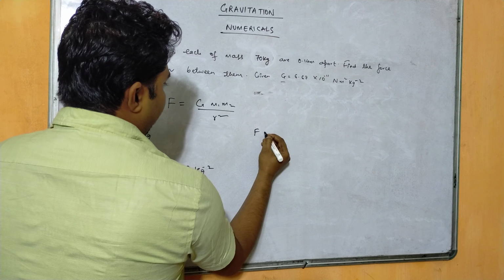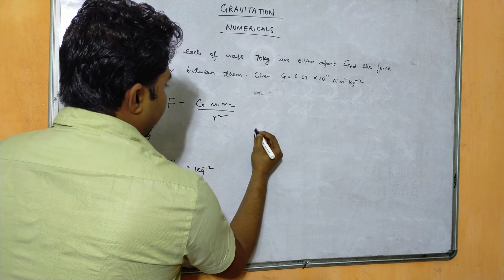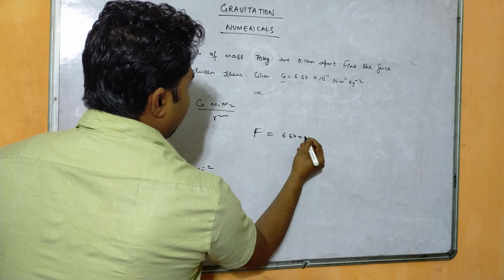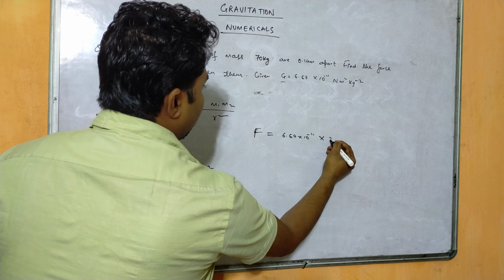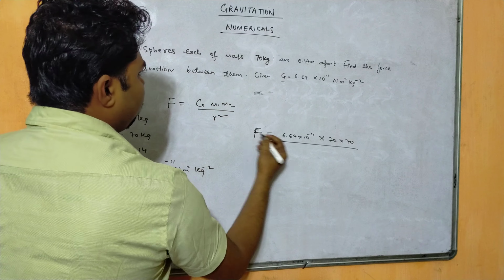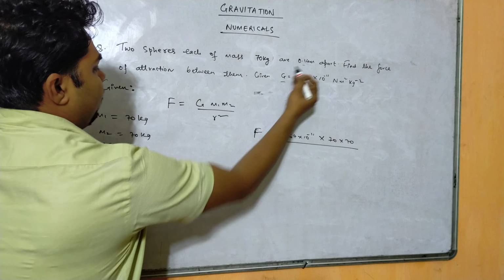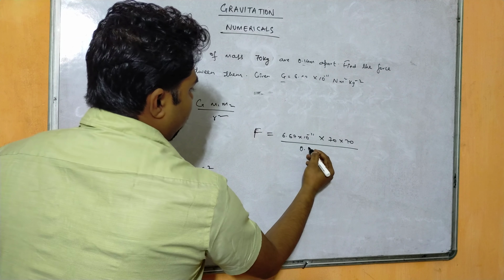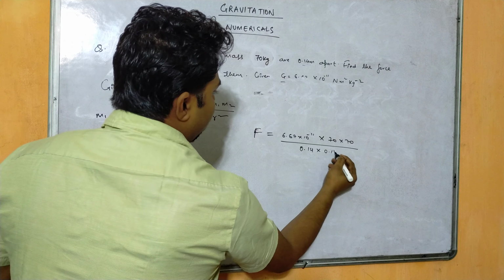So we are calculating F here. Capital F equals 6.67 into 10 to the power minus 11 into 70 into 70, total divided by 0.14. The distance was 0.14 meter, right? So 0.14 into 0.14.